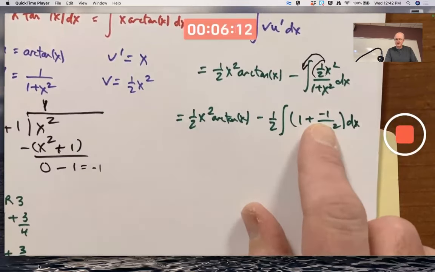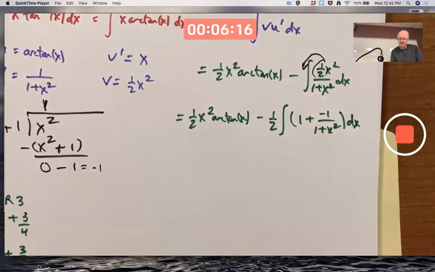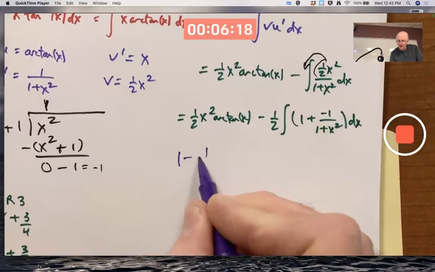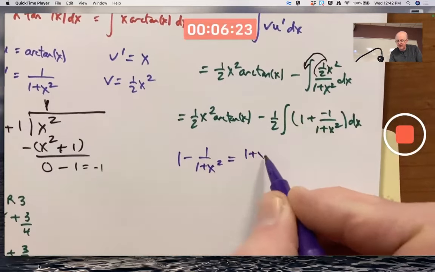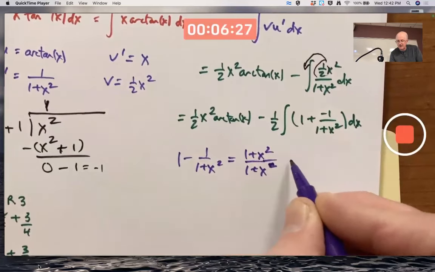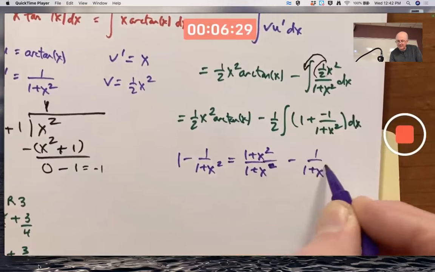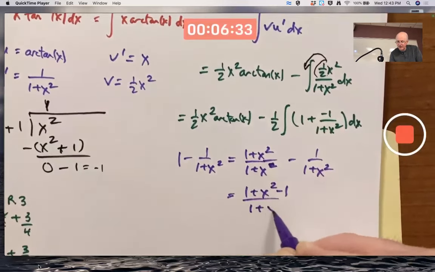But that works, and you can check it works too by actually subtracting here. I can bring that -1 down to the minus, make a minus sign right there. If I actually subtract 1 minus 1 over 1 plus x squared by getting a common denominator of 1 plus x squared, and then simplify by combining those fractions, the 1 and the -1 cancel.